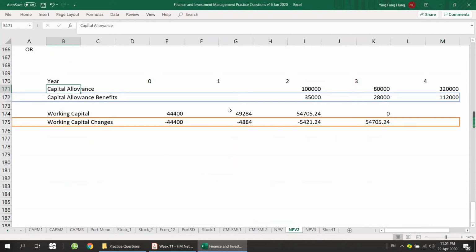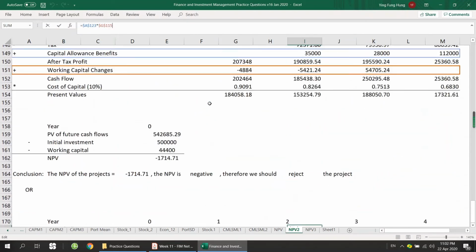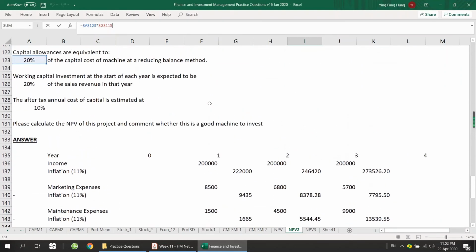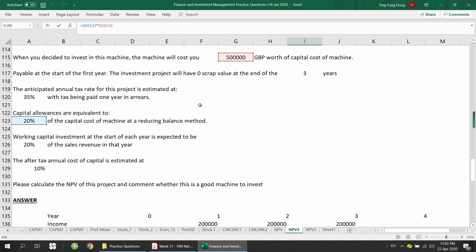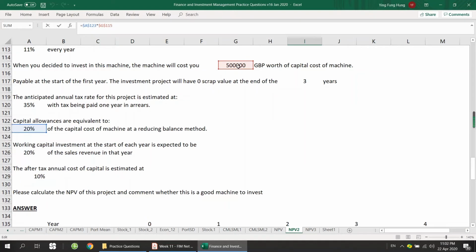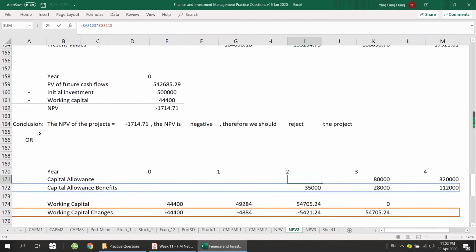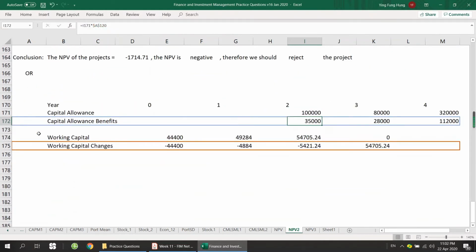Capital allowance is that the 500,000, since we are using the 20% reducing balance method, will be multiplied by this 20%, and that will give us a capital allowance of 100,000.